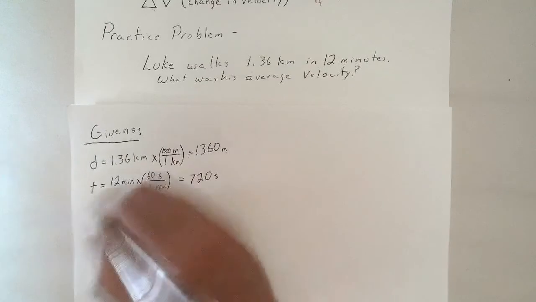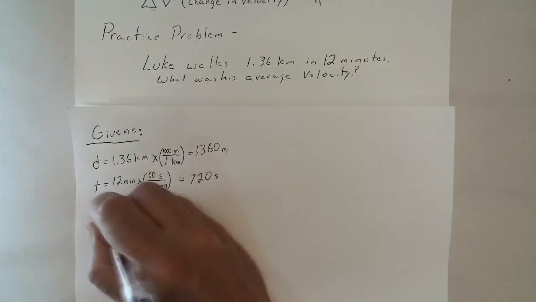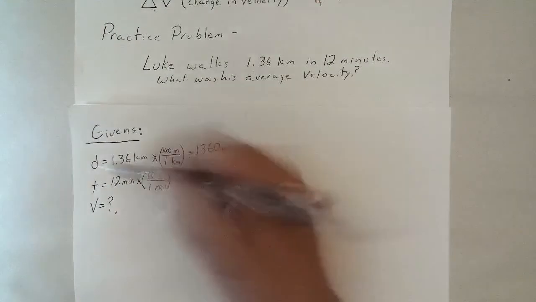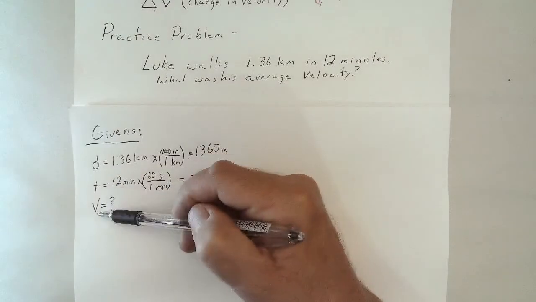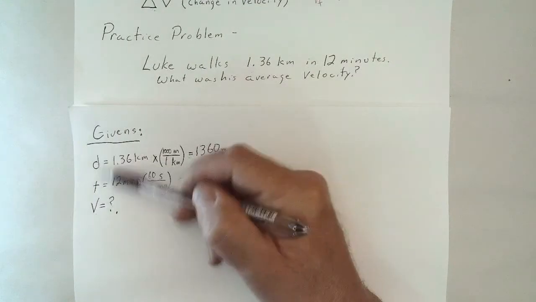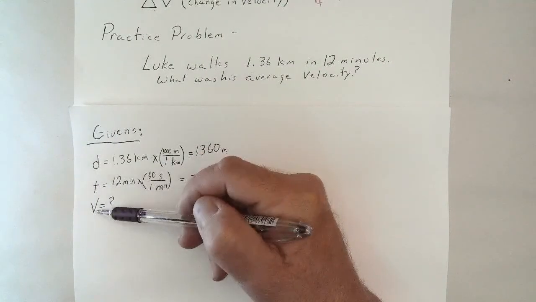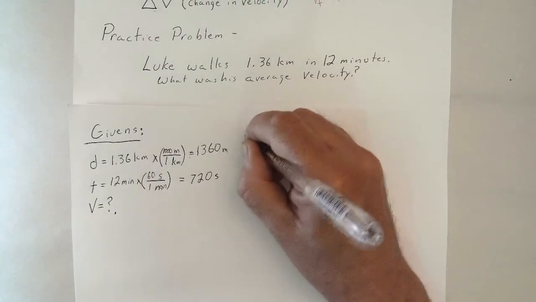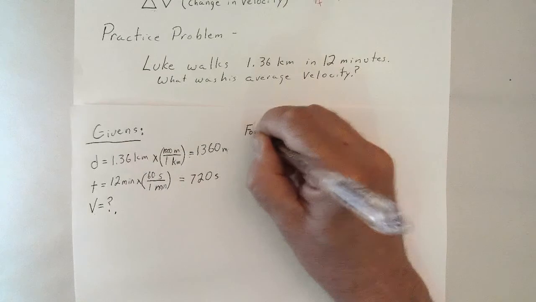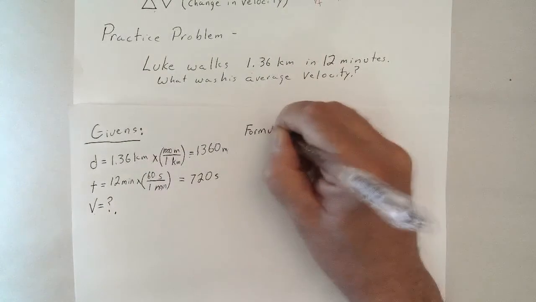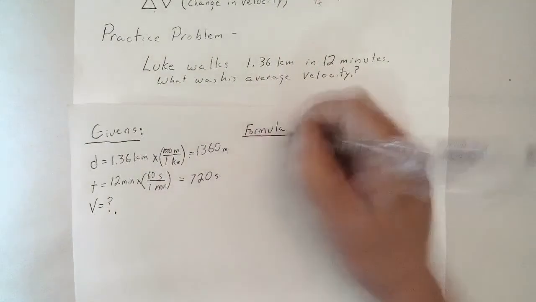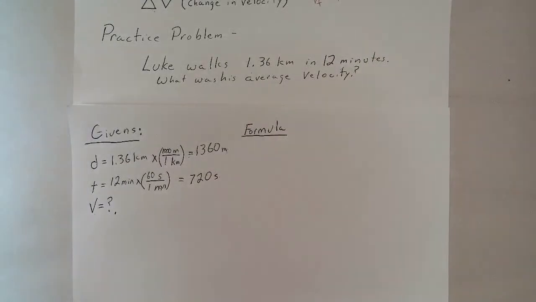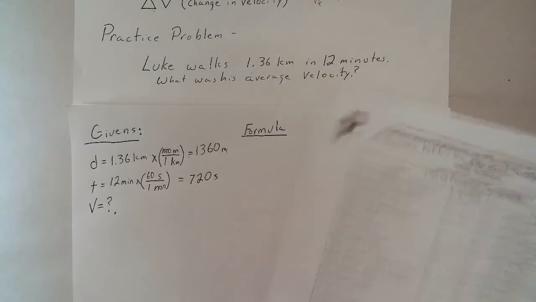After we have our givens, we also put down what it is we seek. We're looking for the velocity. So notice we have these 3 variables right over each other, nice and neat. And if you need to, you could look in your reference table and try to find the formula. And in this case, the formula is pretty straightforward, but let's just take a look at our reference tables anyway.